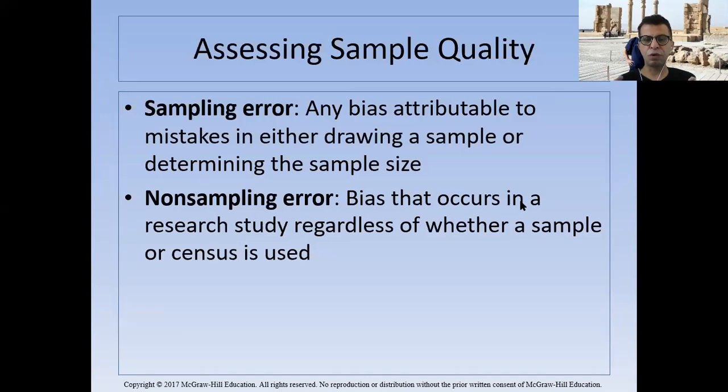But if you are doing something wrong, whether you're doing a census or a sample, and the sample is done wrong, that's called a non-sampling error. So there are two different types of error that might happen.